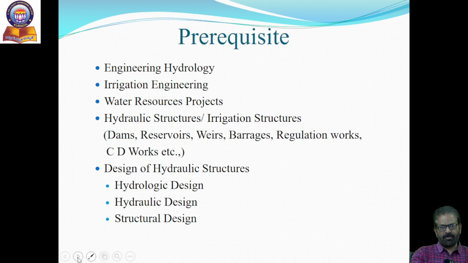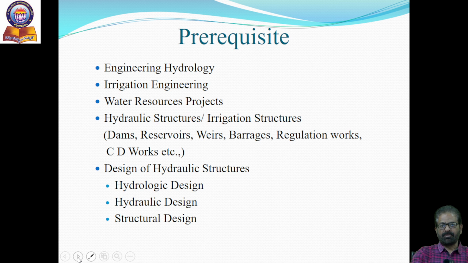Very often we are going to use these two terms, hydraulic structures and irrigation structures. Hydraulic structures are the structures which are in contact with water. Hydro means water, that's why hydraulic structures means the structures which are in contact with water, or water related structures.